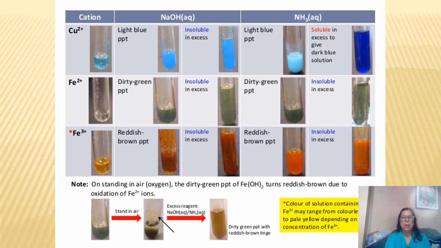However, in ammonia, in a small volume, it yields a light, milky white-blue precipitate, but upon addition of excess, it produces a dark blue precipitate. Iron yielded green, and both ferrous and ferric gave the same result with ammonia.